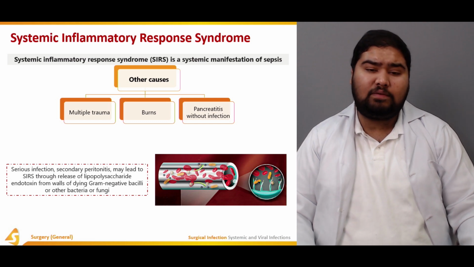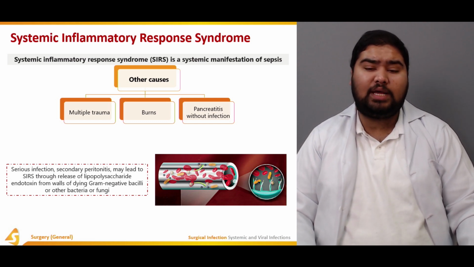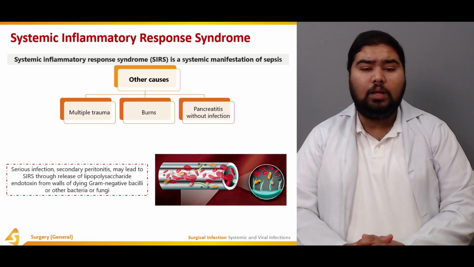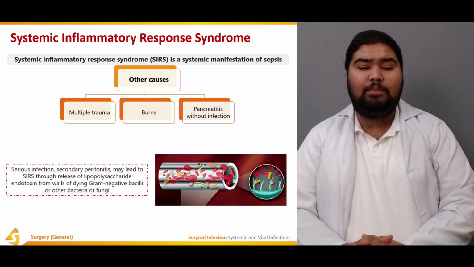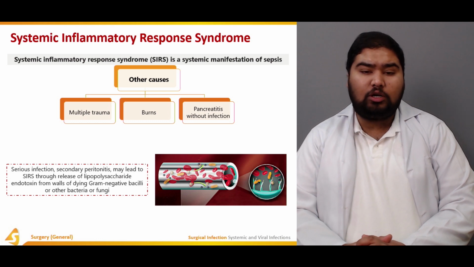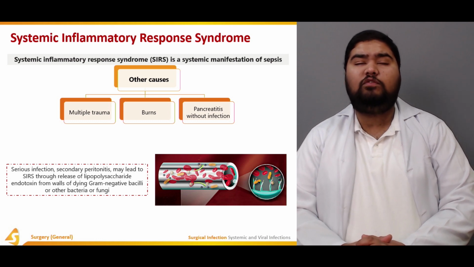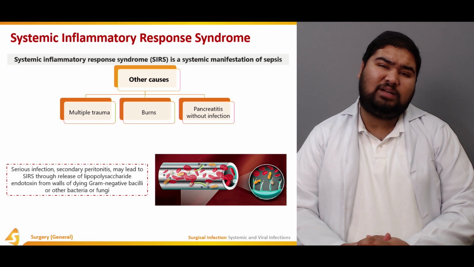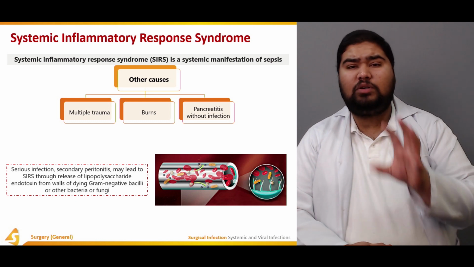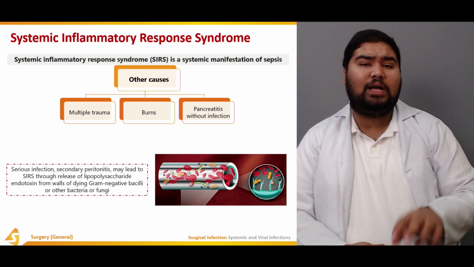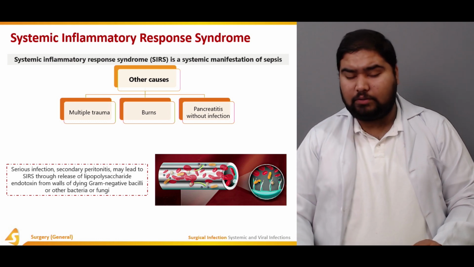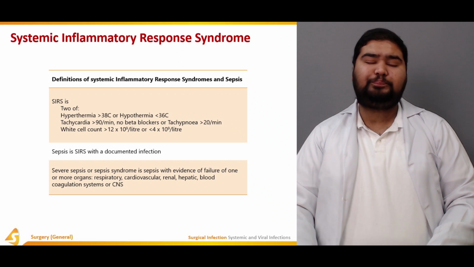Serious infections and secondary peritonitis may lead to it through the release of lipopolysaccharide endotoxins from the walls of dying gram-negative bacilli or other bacteria or fungi. So actually the products of the dying bacteria and fungi are responsible for the activation of systemic inflammatory response syndrome.